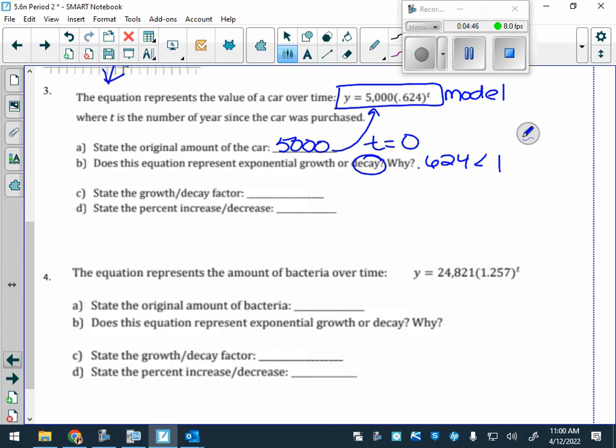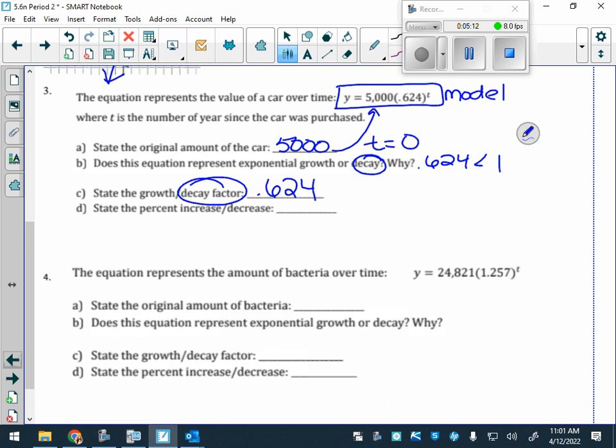Okay. Now, state the growth and decay factor, then state the percent. These two are different. Okay. What would be, since it's decay factor, okay, what would that be? Anybody know? Campbell? It would be the 0.624.